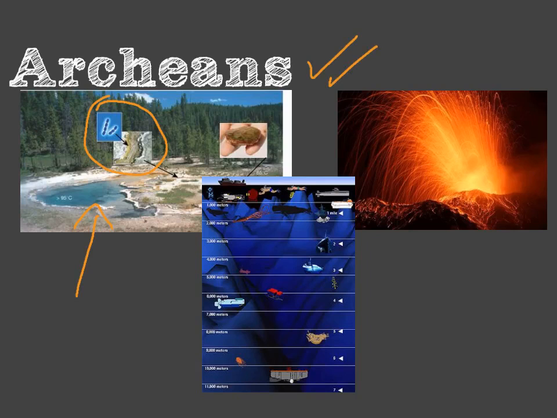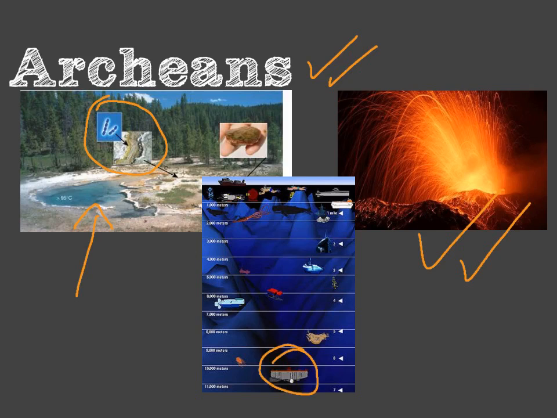When they started researching in other parts of the world, they found that these archaeans, these extreme bacteria, can be found only in extreme places where no other living organisms can be found. For example, they can be found on hot lava or in volcanoes. They can be found in the deepest part of the ocean. That's why they call them extreme bacteria.